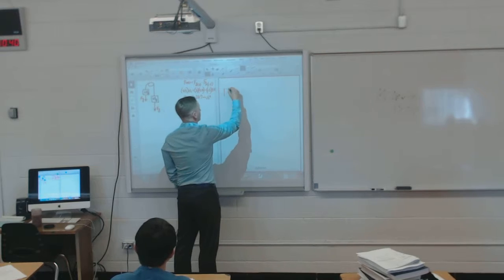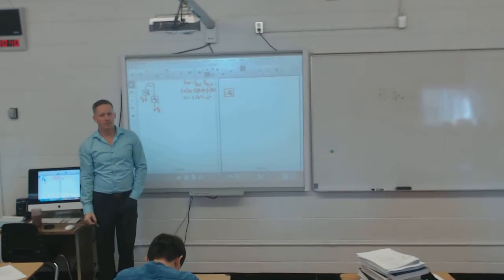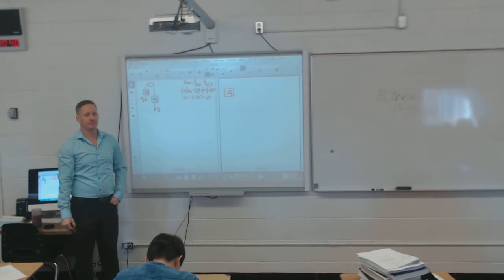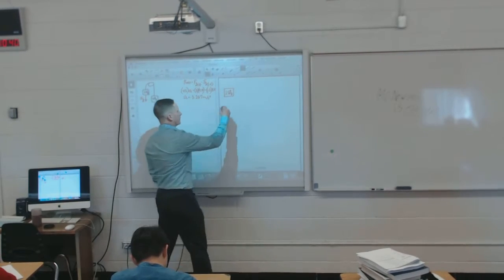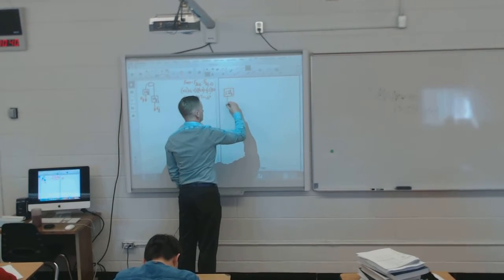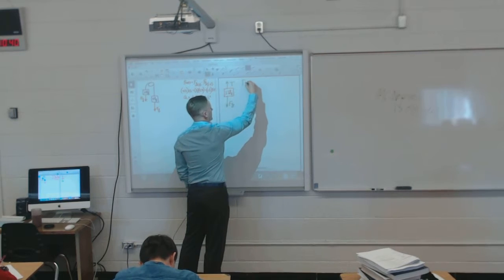So the first one, let's do the 1.5 kilogram mass. What are the two forces acting on it? Force of gravity. And what's pulling it up? Tension. What's the net force?